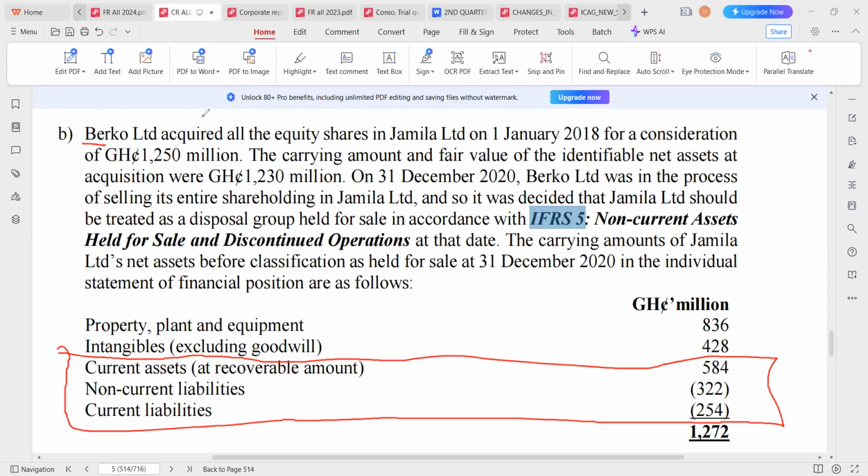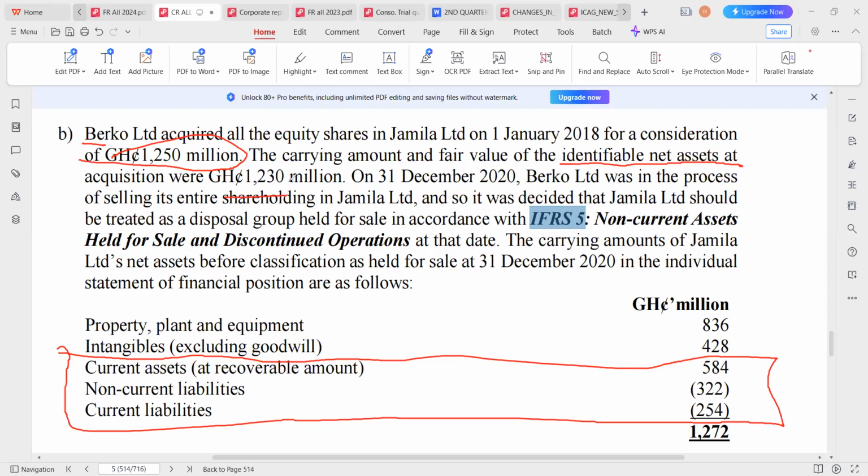Beacon Limited acquired all the equity shares in Jamila for a consideration of 1,250 million. The fair value of the identifiable net assets at acquisition is 1,002.